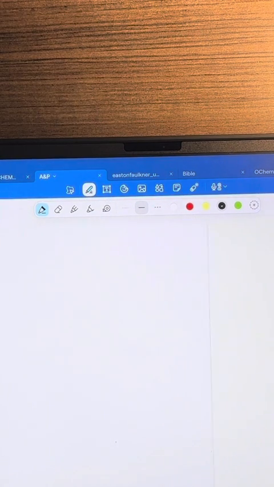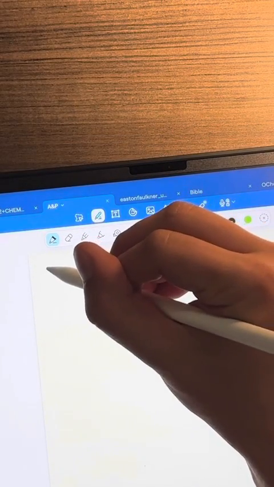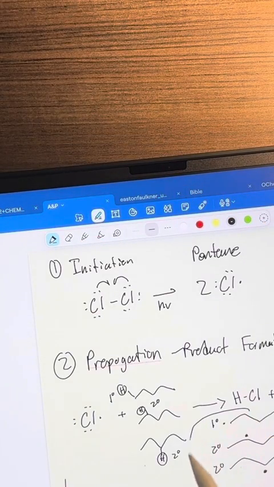We're going to continue this on another page. Here, I'm going to copy this for us to use.